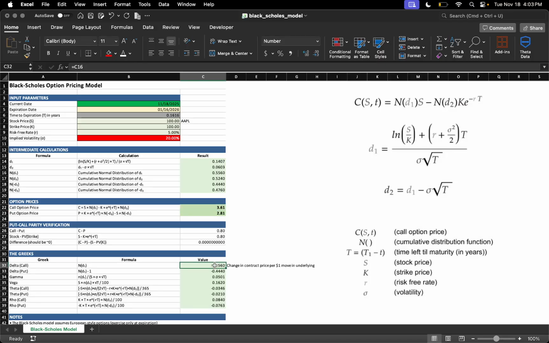Another way to look at delta is that some people say it's the probability of being in the money. It's basically the probability of making money, right? So 55.6% chance of making money.